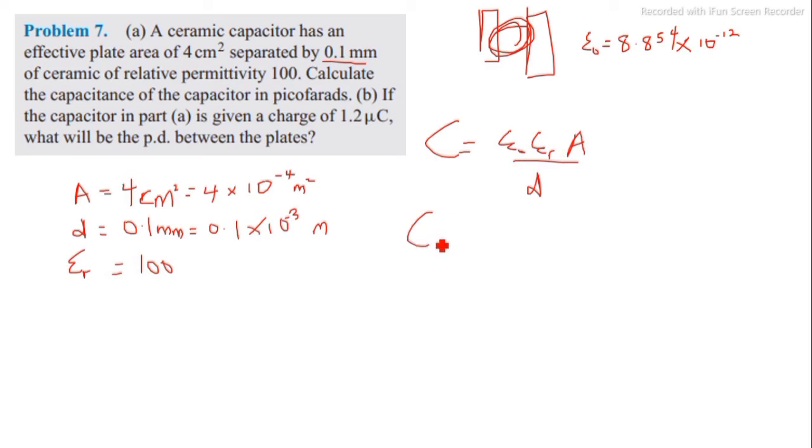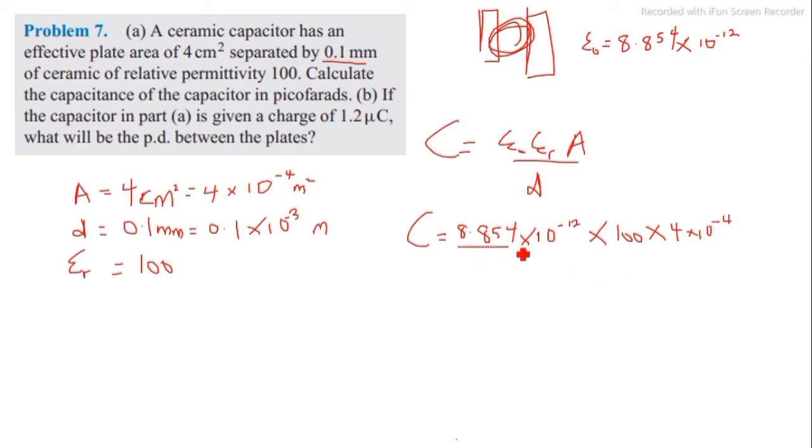Your C equals what? Epsilon naught is 8.854 times 10 to the power minus 12, then times the epsilon R, which is 100, times the area of the plate. The area of the plate is 4 times 10 to the power minus 4.